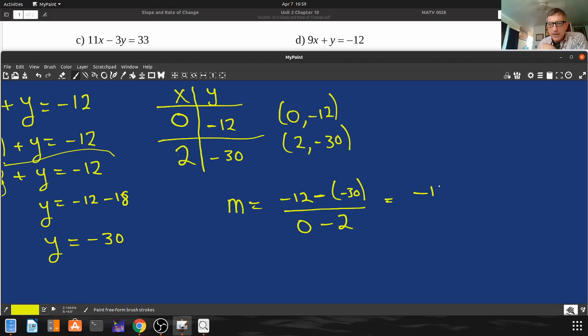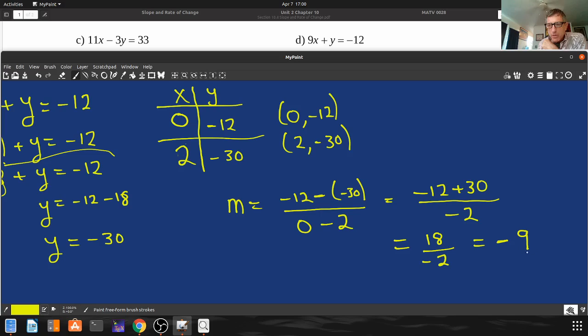This is equal to minus 12 plus 30 over minus 2, which is equal to 18 over minus 2. And 18 divided by minus 2 is equal to minus 9.